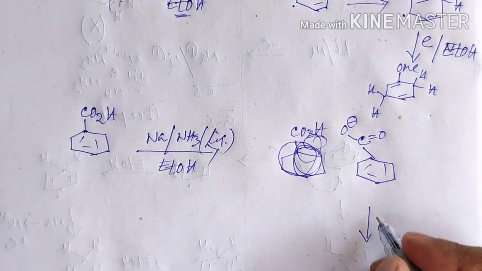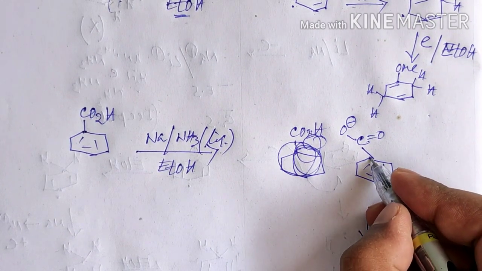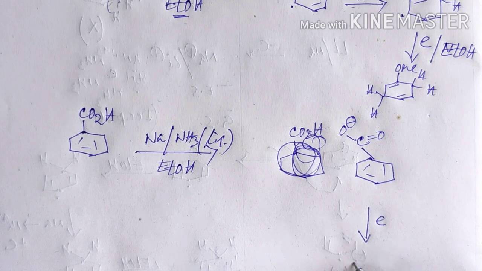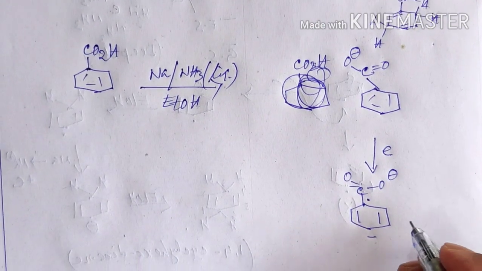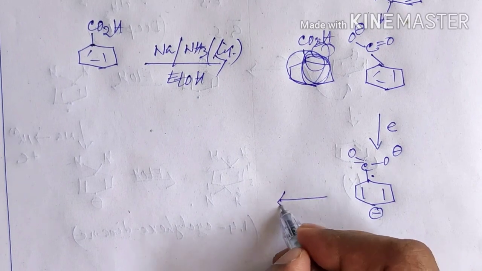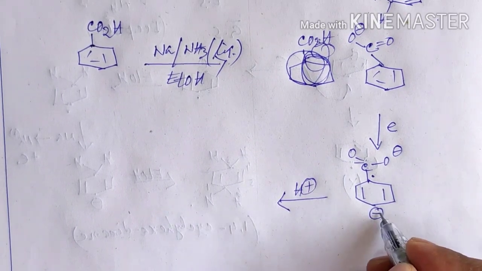In the next step, the electron will attack at this carbon atom, and the corresponding 1,4 oriented radical anion will be formed, hydrogen abstraction.